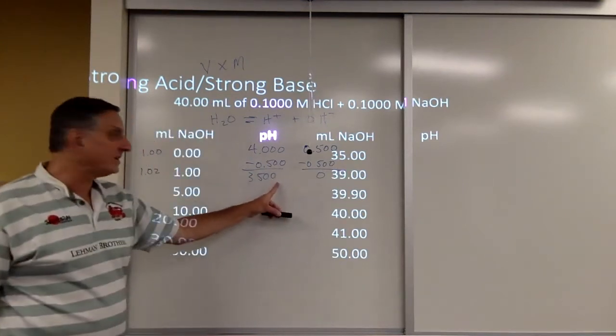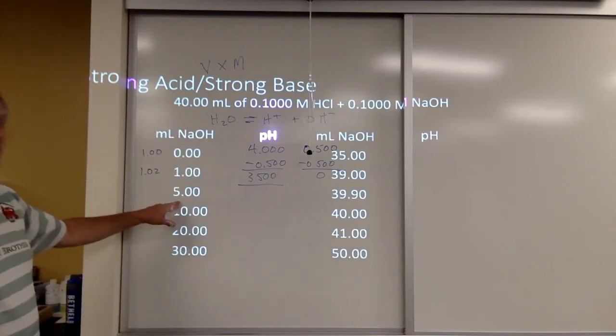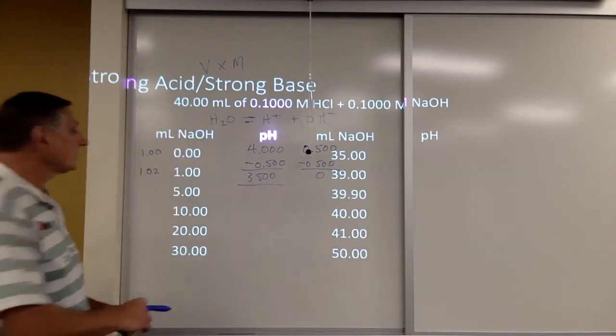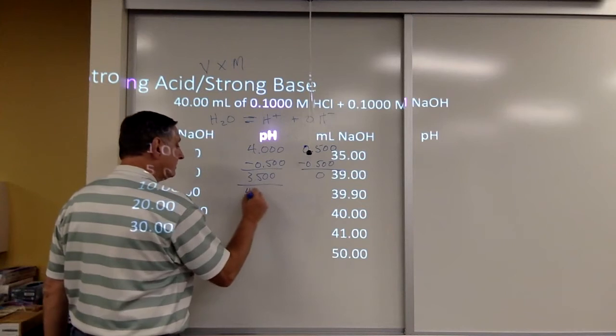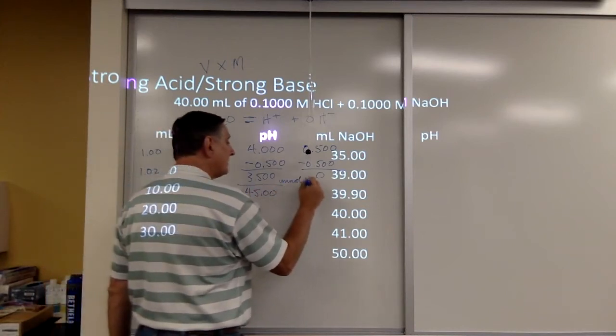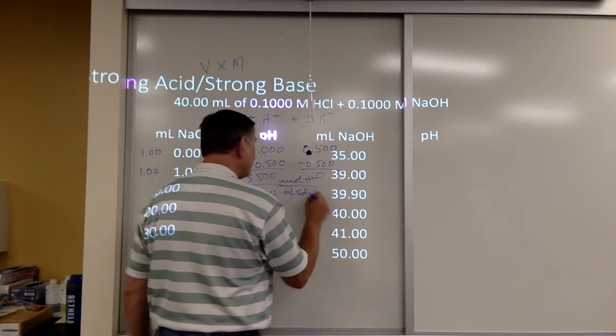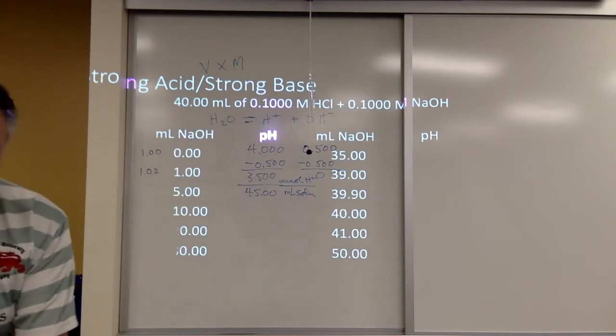This is the millimoles of H plus divided by my new volume. What's the new volume? 5 mils plus the 40 I started with. Millimoles of H plus all over milliliters of solution. 3.5 divided by 45.